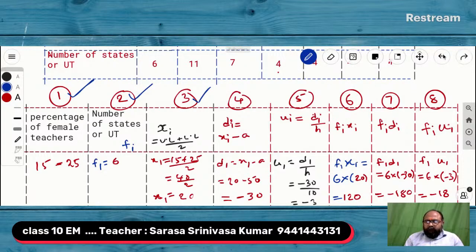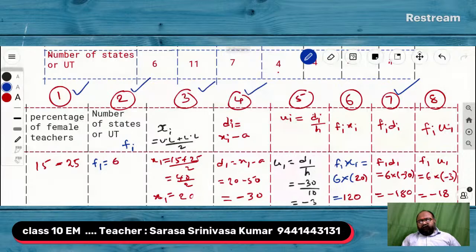Now, to calculate the arithmetic mean by the assumed mean method, we require column 1, column 2, column 3, column 4, and column 7 only.